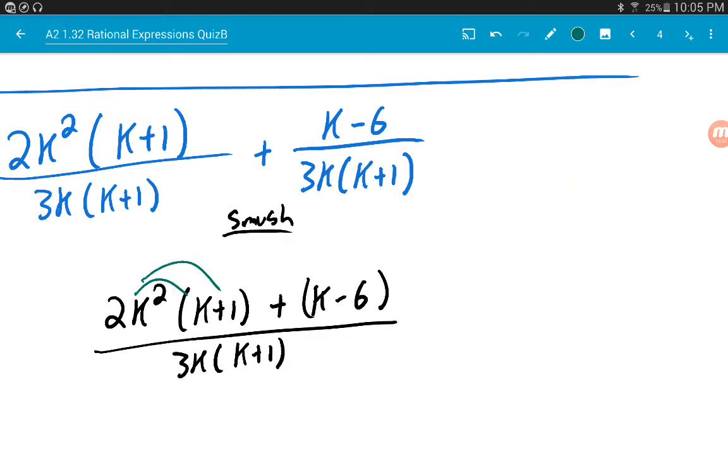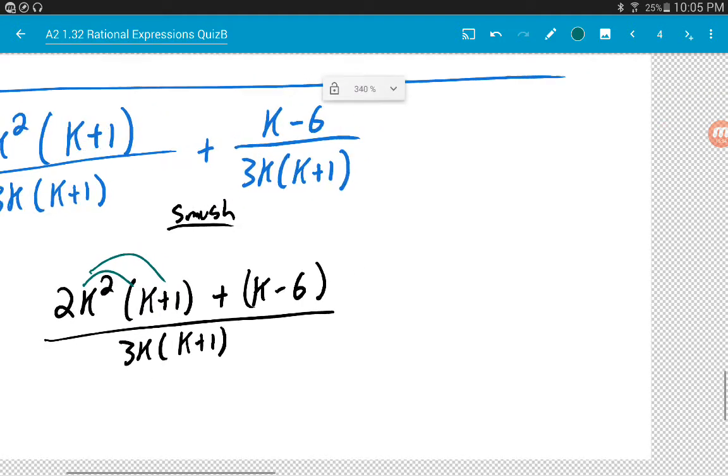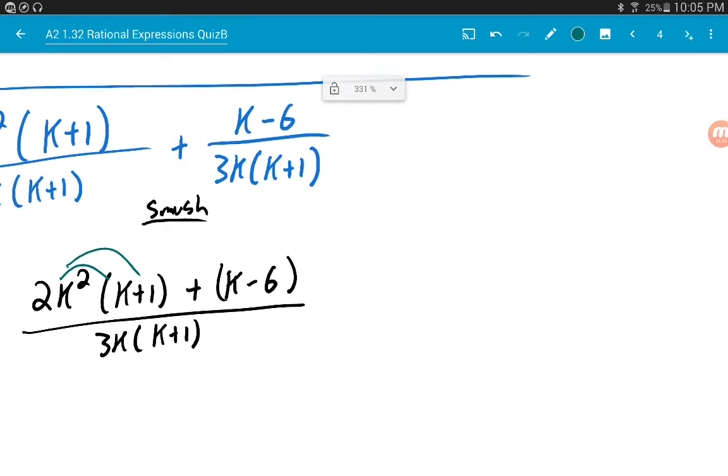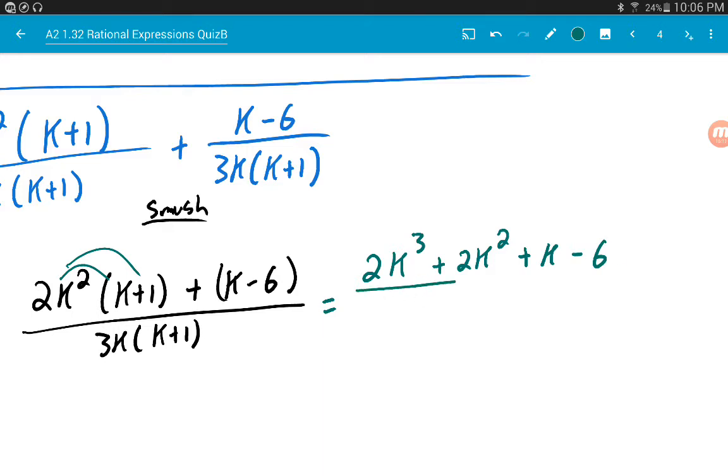I'm going to distribute on top and hope that I can get some like terms, because otherwise I don't really know where the simplifying is coming from. I get 2k cubed plus 2k squared plus k minus 6 all over 3k(k plus 1).